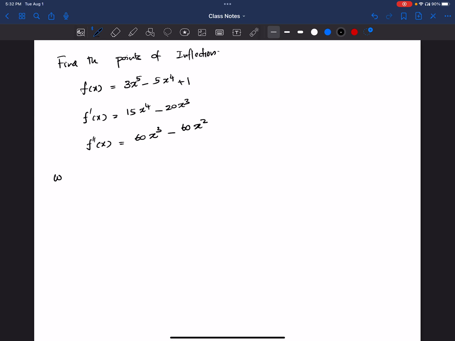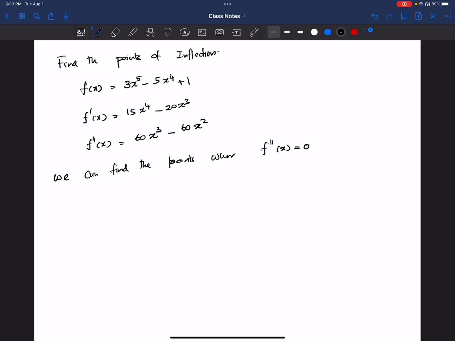And we can find the points where f double prime of x is equal to 0. Those are candidate inflection points, but we shouldn't come to the conclusion until we figure out what happened to the sign of f double prime of x around those points.